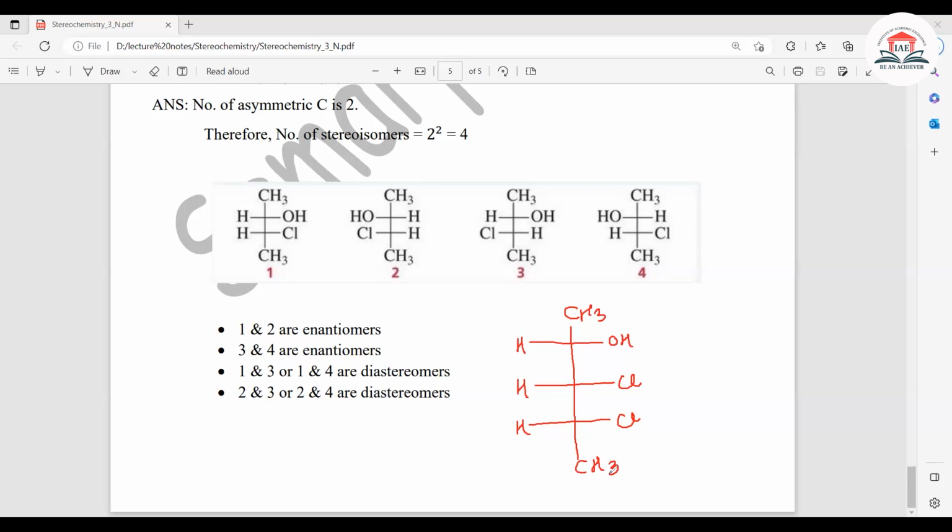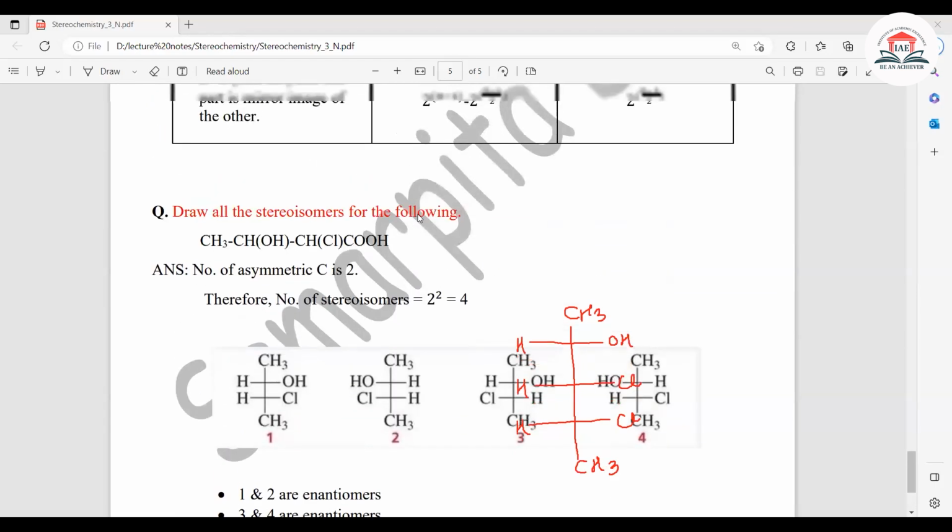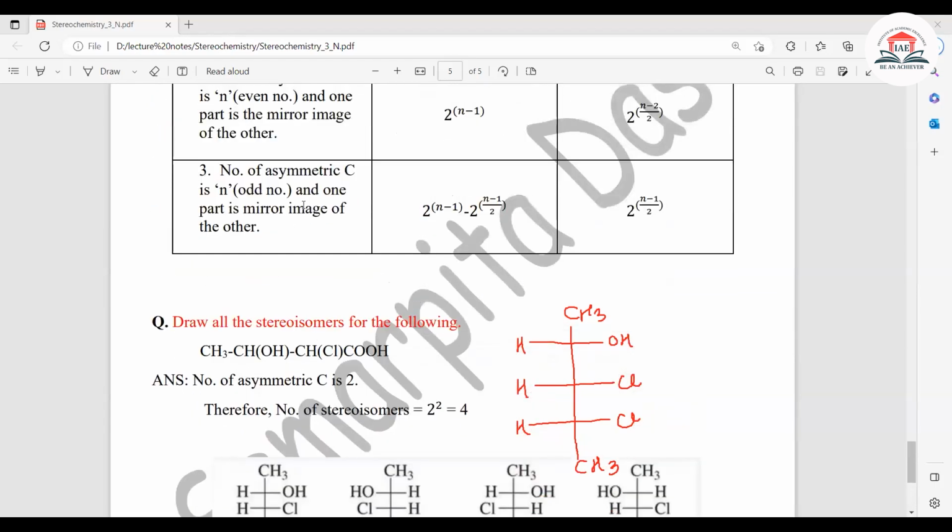Now in this case, how many chiral centers are there? 3. Yes, 3 chiral centers are there, and because it is 3, n equals 3, that is an odd number.